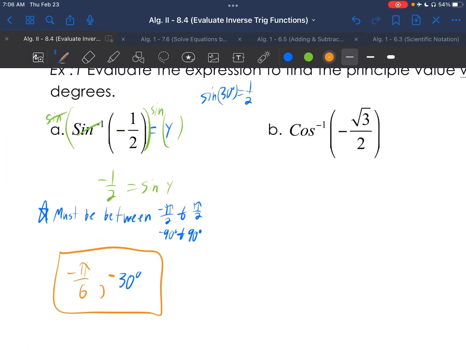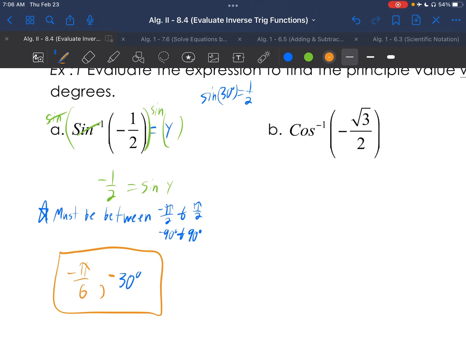So once again, how we did that is we said, if you have the inverse sine of something, you're really asking, the sine of what angle would give you that value? And we said, well, sine of 30 degrees is 1/2. So sine is 1/2 when we have the angle of 30 degrees on our unit circle.